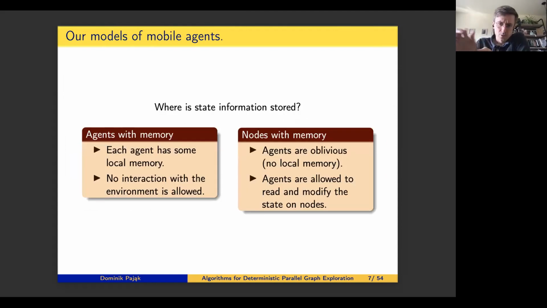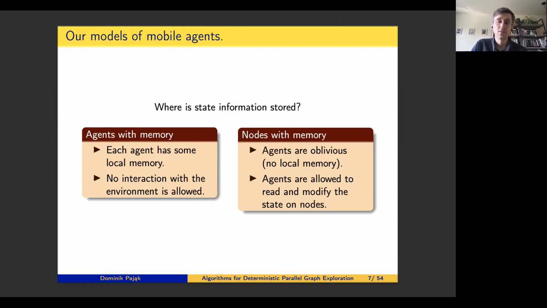I'm not sure if I'm going to have enough time to cover both of them, but the two models that we would like to study differ in where the information is stored.